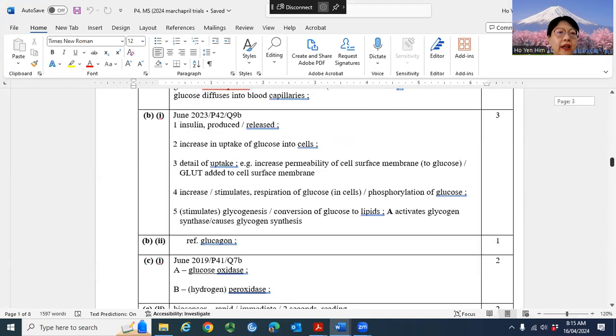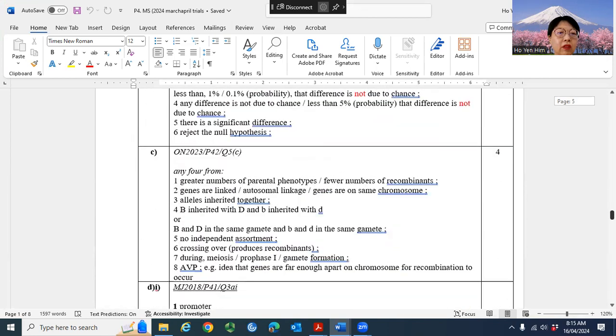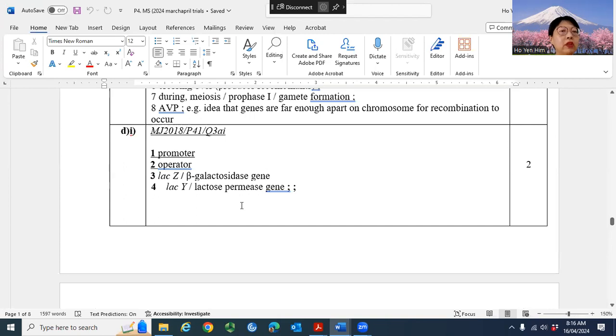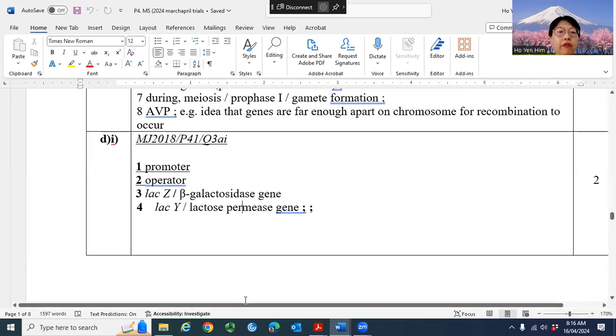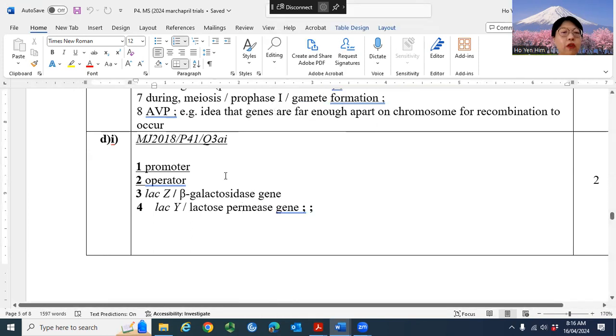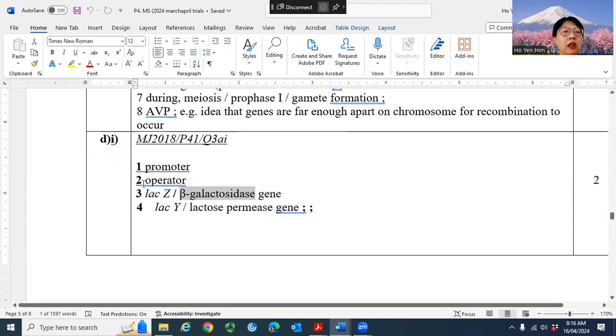So question 5. Okay. So that means you need to memorize whatever names you have learned in your syllabus. Please memorize them. LacZ, coding for beta galactosidase gene that breaks down lactose to glucose and galactose.